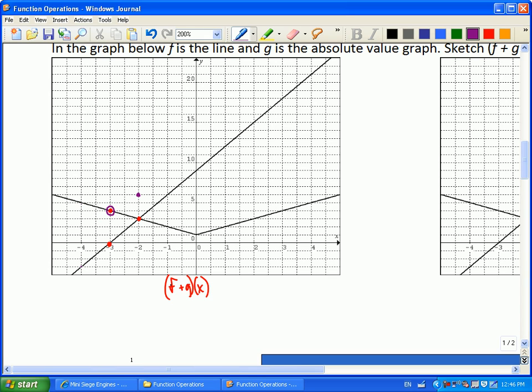And if you're not sure what the graph's doing, then just try getting some extra points to help make that decision with you. And 2, so that'll be 8.